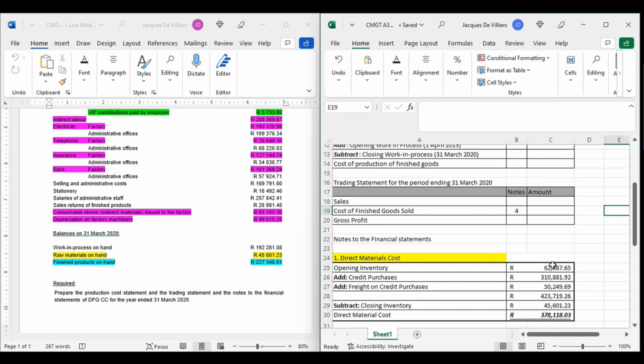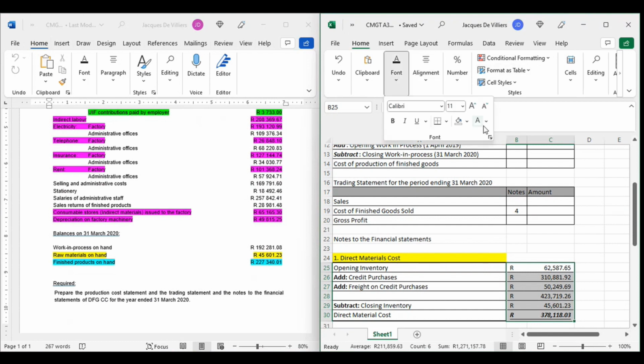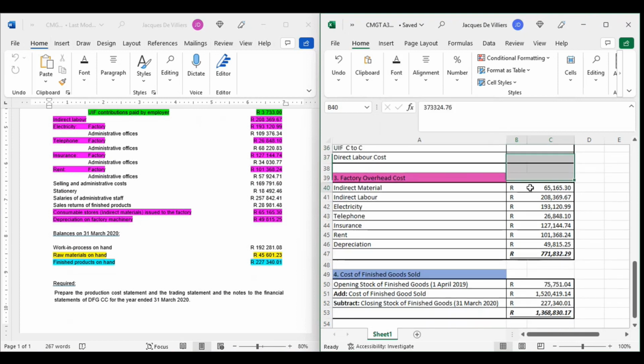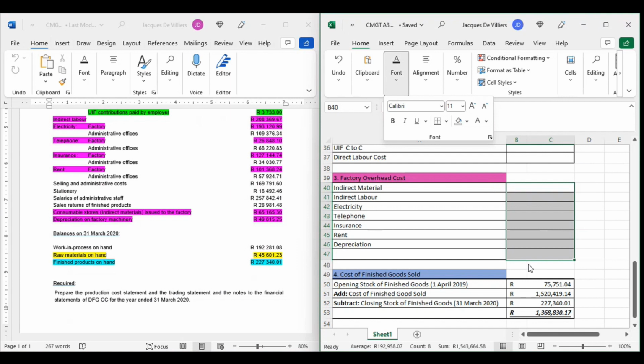Now let's have a look at how I calculated each of these individually. So once again, I'm just quickly going to hide these answers for you. Then you'll see how I got to that.